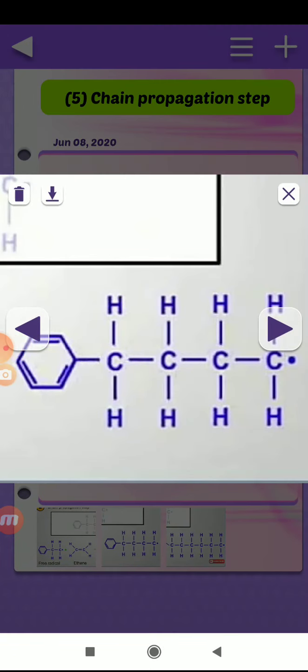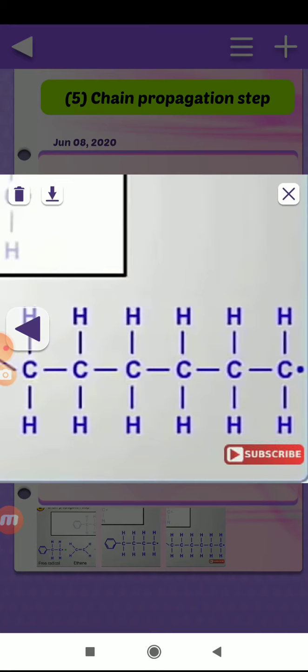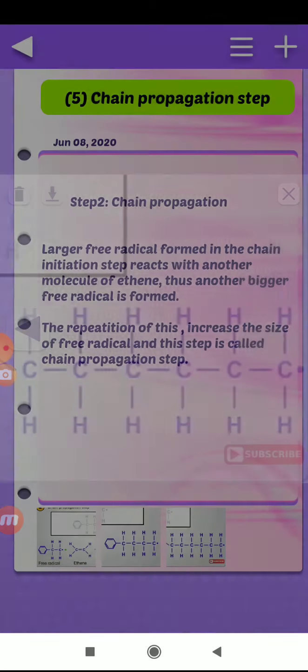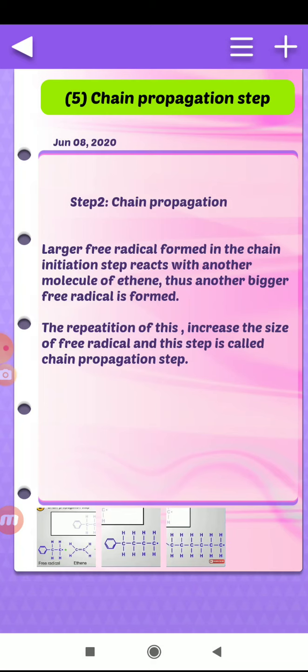In this process, the size of the chain is increased by the addition of ethene molecules one by one. The number of carbons in the chain increases, and higher and higher free radicals are formed. So this step is called the chain propagation step.